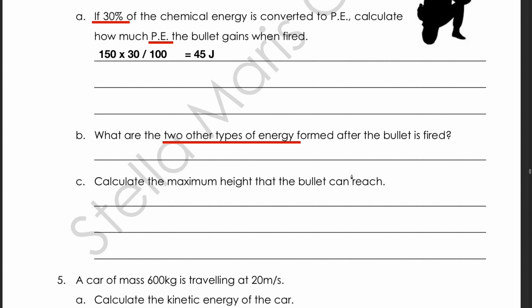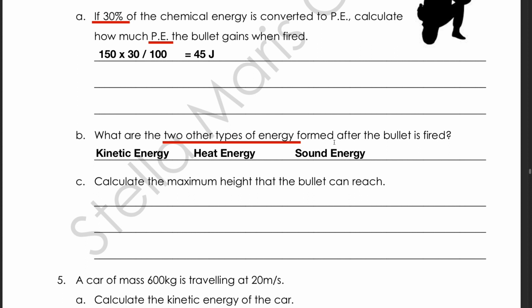So if it is going to move, we definitely have kinetic energy. Whenever there is an explosion, we will definitely have heat energy. And generally speaking, whenever a gun is fired, there is also a lot of sound. So if you were to write down two of any of the three I mentioned, that would be a perfect answer. Kinetic energy, heat energy, and sound energy are other forms of energy that we get whenever a bullet is fired.